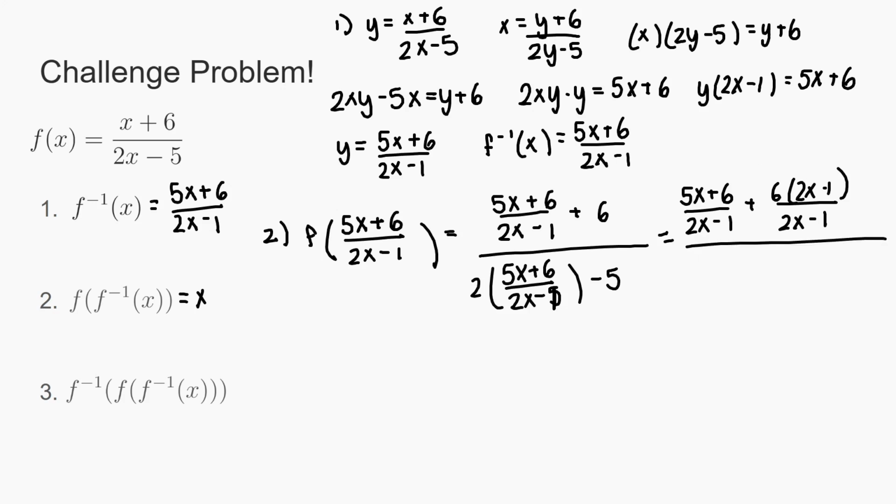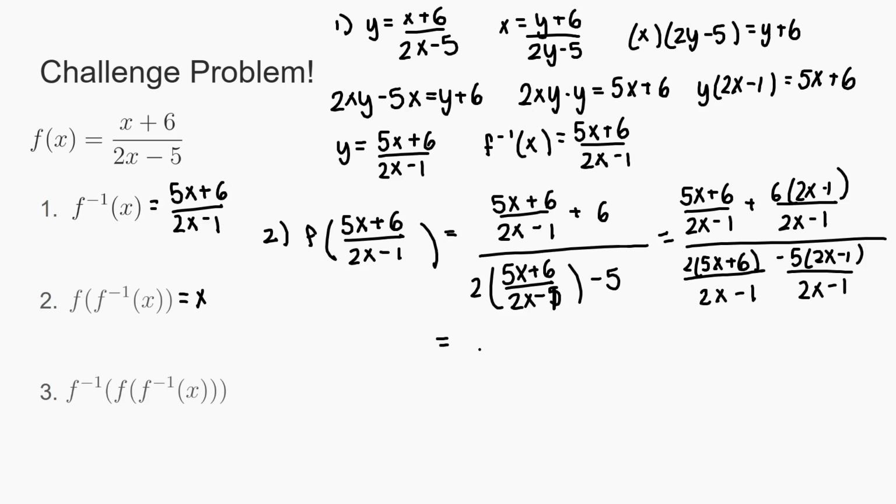We move it all onto the same fraction. Do the same thing for here. Do 2 times 5x plus 6 for 2x minus 1. We'll do the same thing: 5 times 2x minus 1. We're just looking for the common denominator.